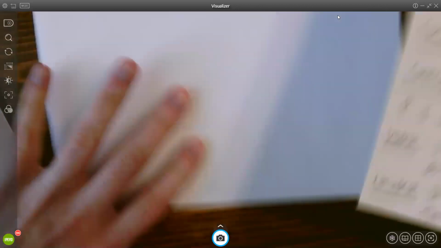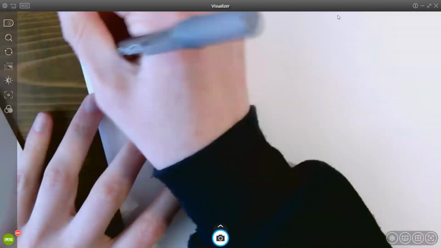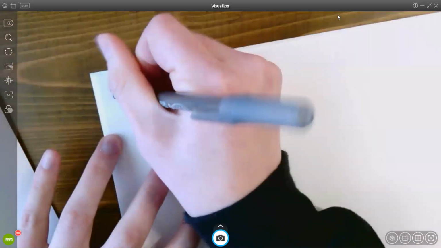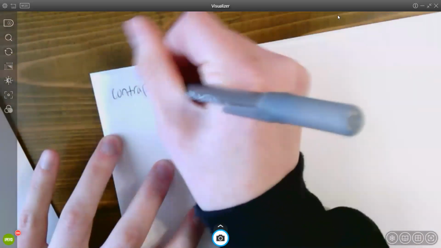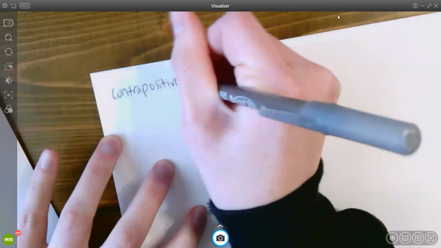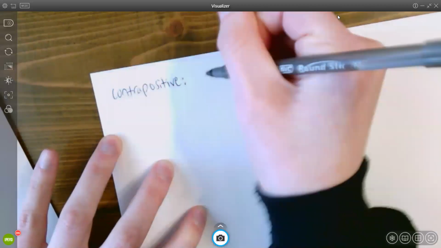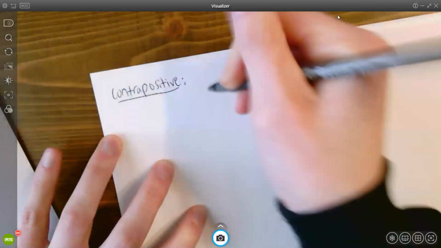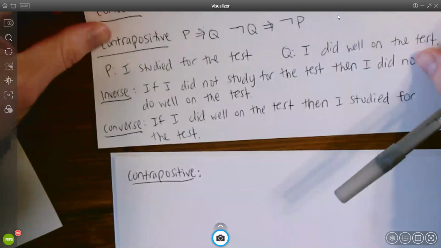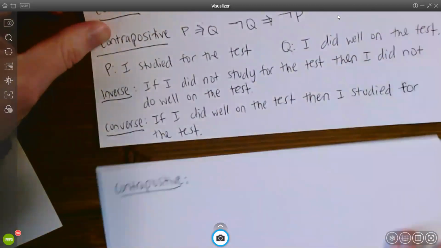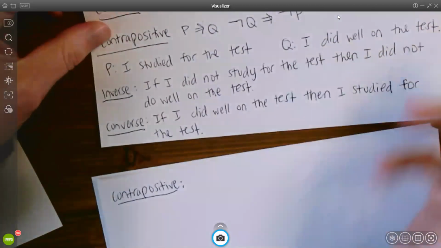And the contrapositive, remember, contrapositive is the negation of both, but also the order flipped. That would be, again, my P, I studied for the test. Q, I did well on the test, so I'd start with Q, but the negation.